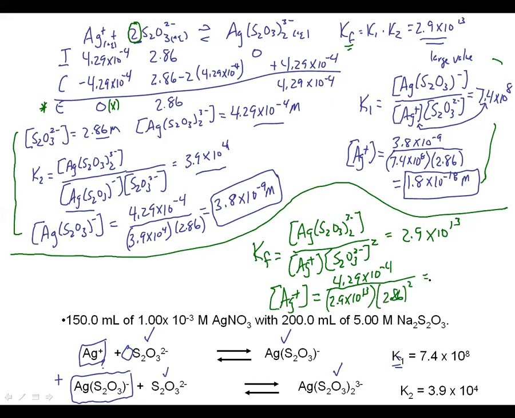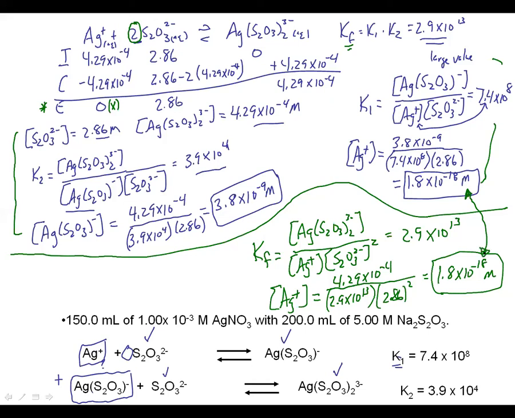And if you do that math first, I hope I didn't screw anything up. Always a good chance. Let's see. You get 1.8 times 10 to the minus 18 for the silver, which, as you can see, is the exact same number that we got there.